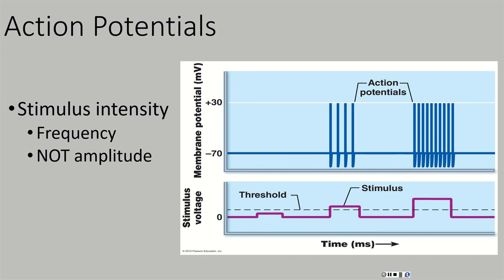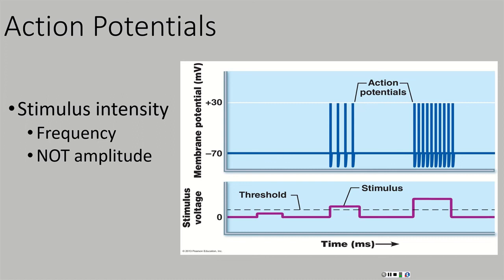If you briefly touch your skin, or if you push on your skin, or if you poke your skin with a nail, you're going to have the same action potential magnitude.